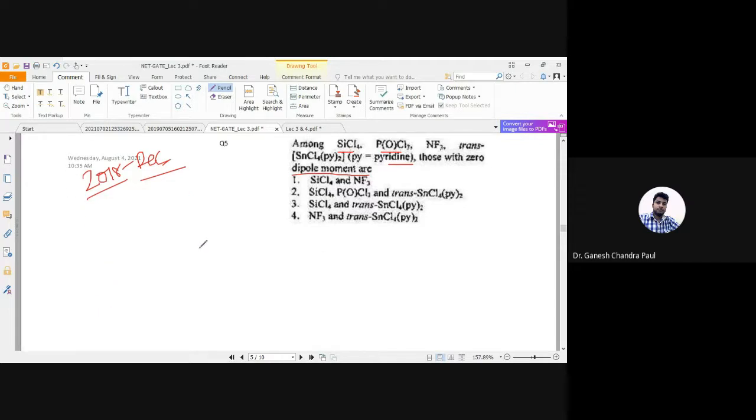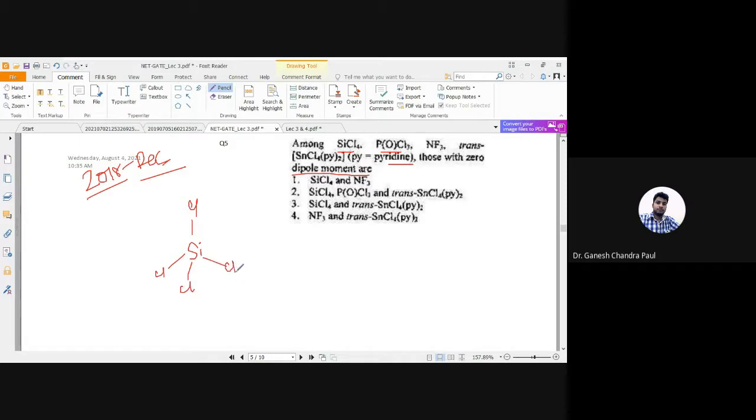Tetrahedral, sir. Yes, very good. So, draw the structure of each of these compounds. Otherwise, it will be very difficult to find out their dipole moment. So like this, tetrahedral, very good.